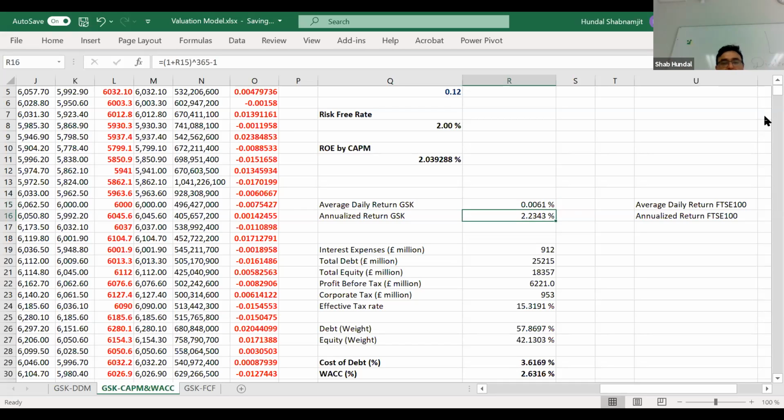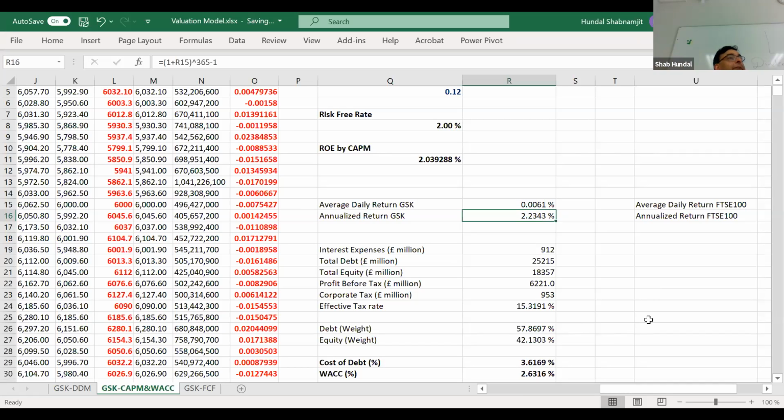And when we calculate it, it comes out to be daily, on an average, for the past 20 years, the GlaxoSmithKline stock return has been increasing at 0.0061%. And when you annualize it, because we always show percentages on a yearly basis, it comes to be 2.2343%, which is fine.